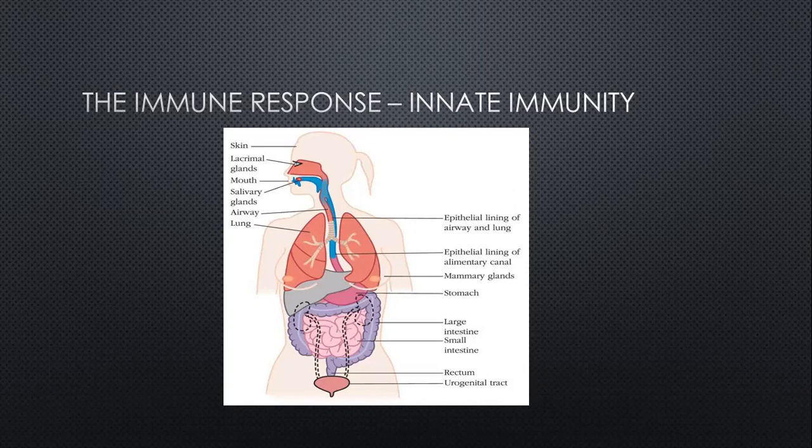And in salivary, lacrimal and mammary glands, these pathogens get flushed by secretions and mucus and some antimicrobial peptides and proteins.